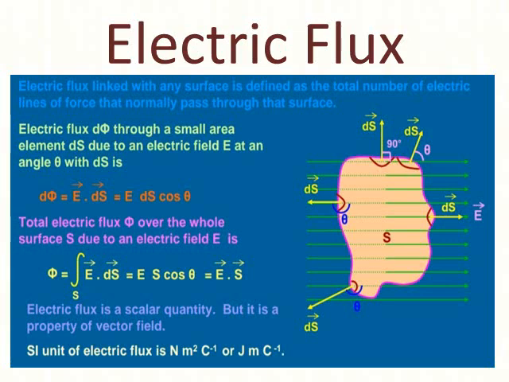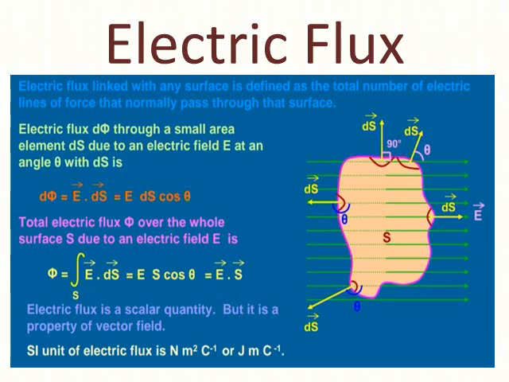And if we have to find out the electric flux for the whole surface S, then we have to integrate it over the closed surface. That means the flux will be the integral of E dot ds vector then.